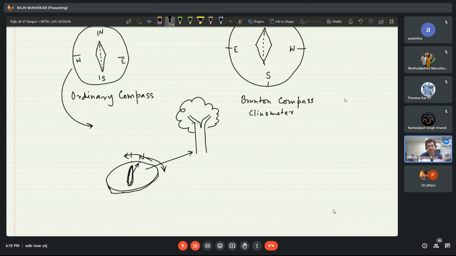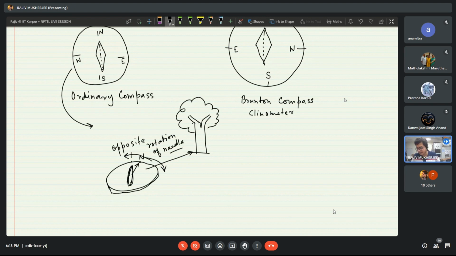So the needle will not essentially follow the direction I am trying to measure. It will rotate in the opposite direction. So, opposite rotation of needle.